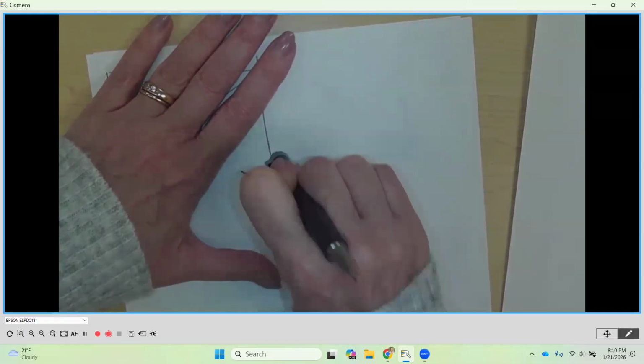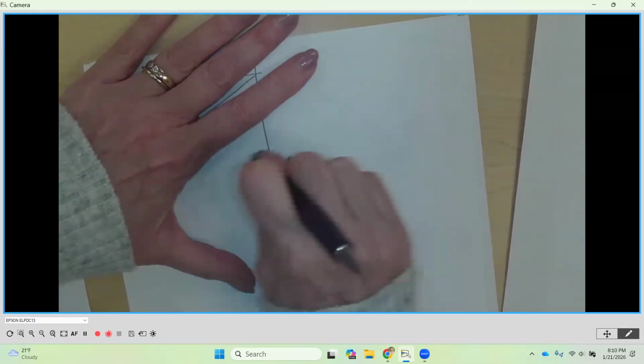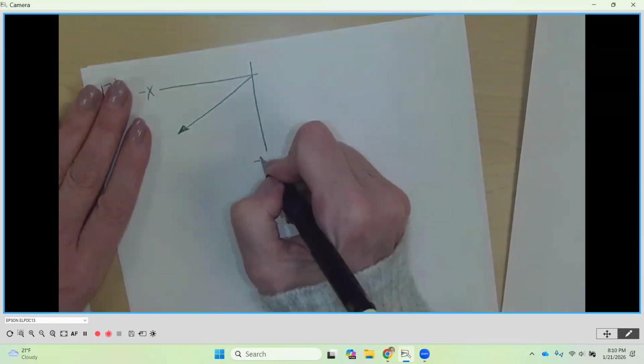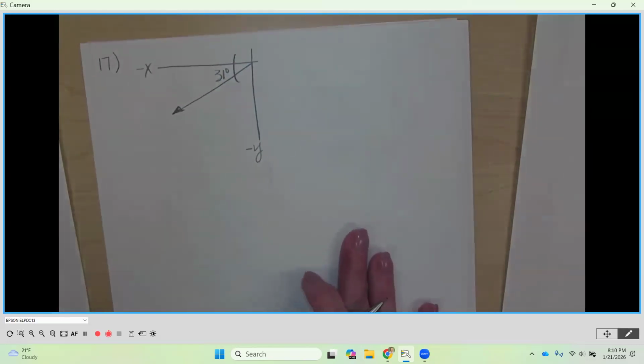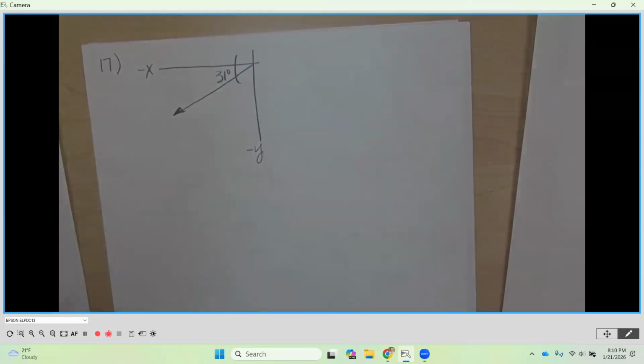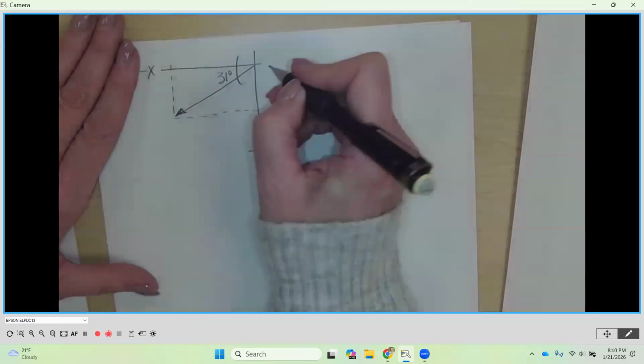I can make my y a little bit shorter. All right. Go ahead and draw the rest of the diagram here. I'll draw mine in the background and you can just compare to make sure you have all your elements.